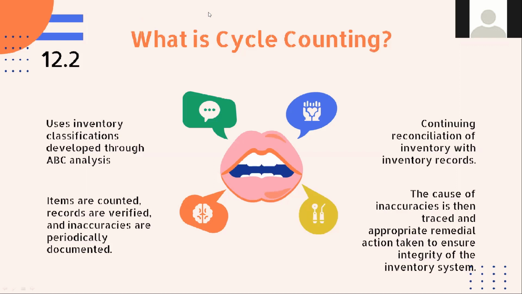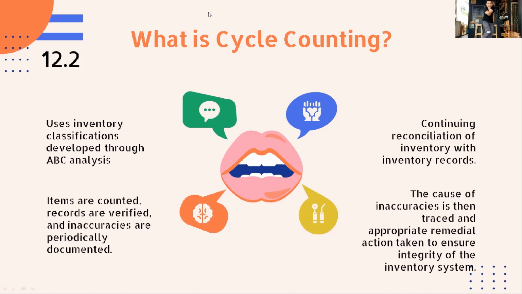Now we are moving to 12.2, cycle counting, that will be explained by Afif. Okay, before I start, what is cycle counting? Cycle counting is a continuing reconciliation of inventory with inventory records. Cycle counting uses inventory classification developed through ABC analysis.